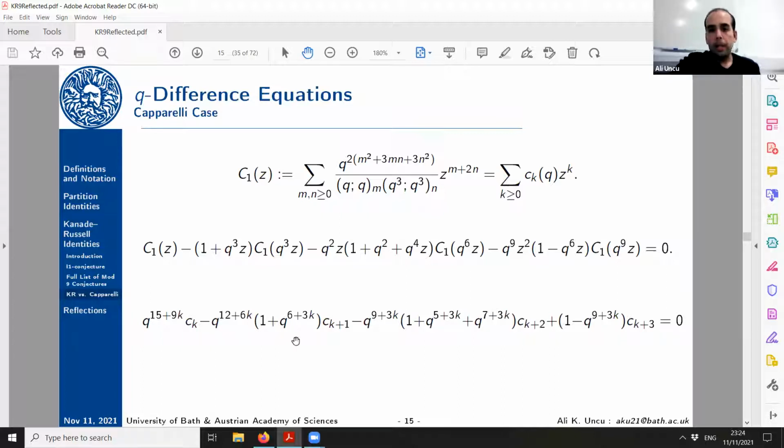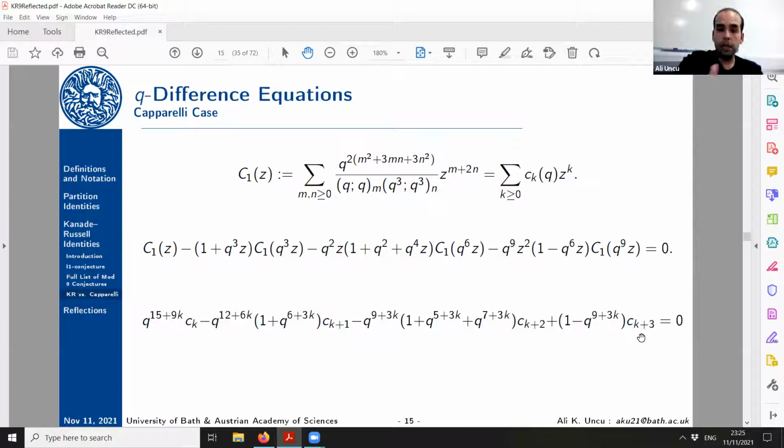And here, this is an order 3 recurrence relation. You can see it here too: the maximum power of z that you see in the coefficients becomes the order of the recurrence. So here there's z cubed as the maximum power of z in this polynomial, and that reflects as an order 3 recurrence.